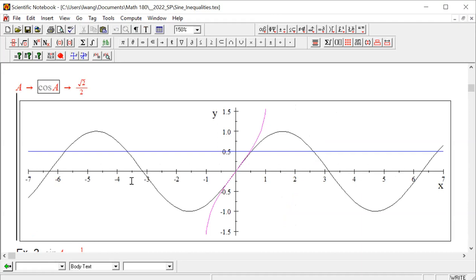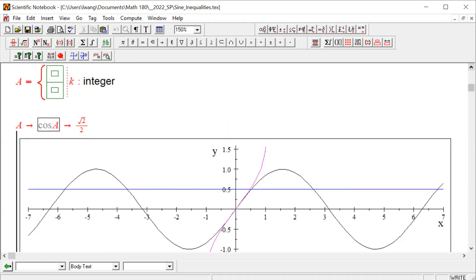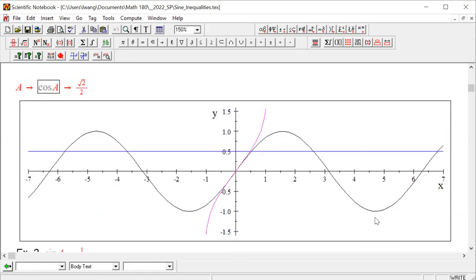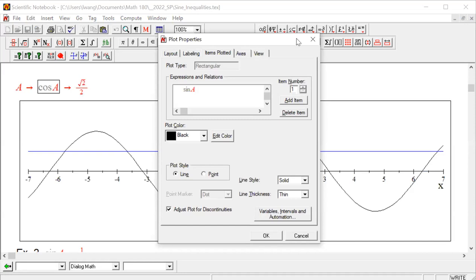Right, so let me put it that way. So this curve is no longer going to be the sine curve, because this was the sine curve, right? So let's look at what a cosine curve is. Okay, so the sine curve changes to the cosine curve. And I'm going to remove that arcsine.